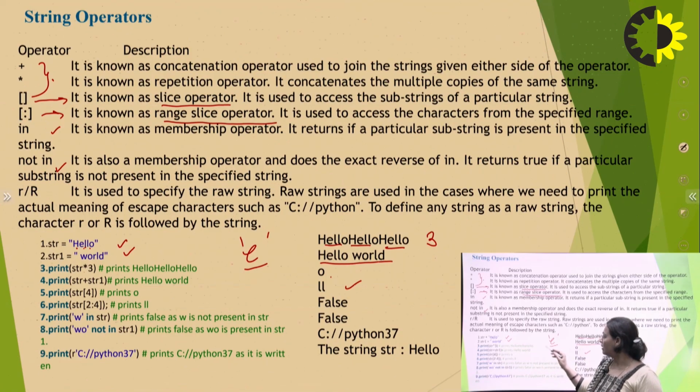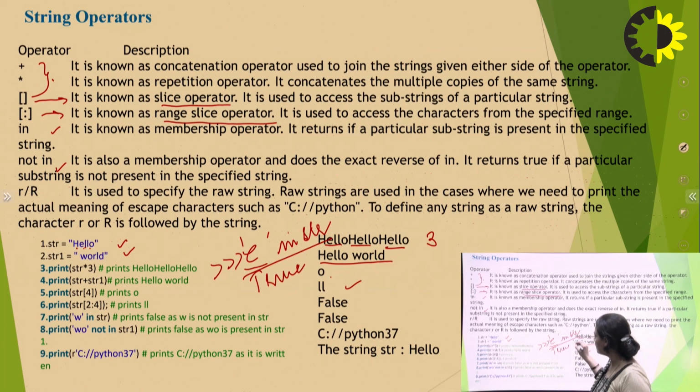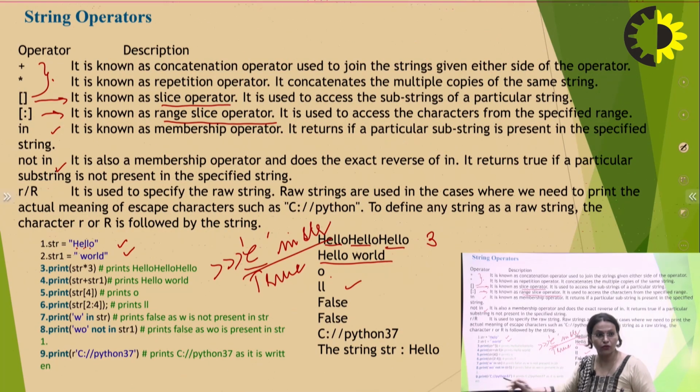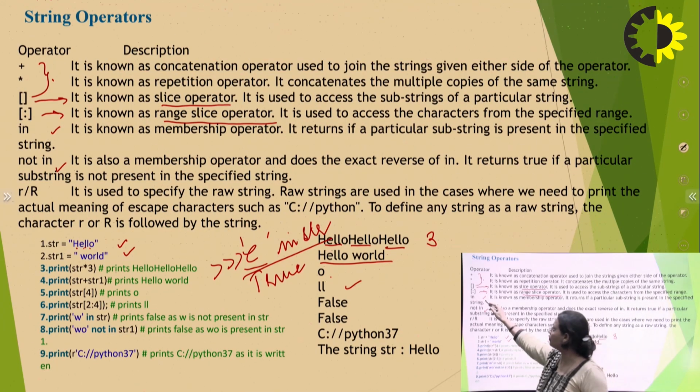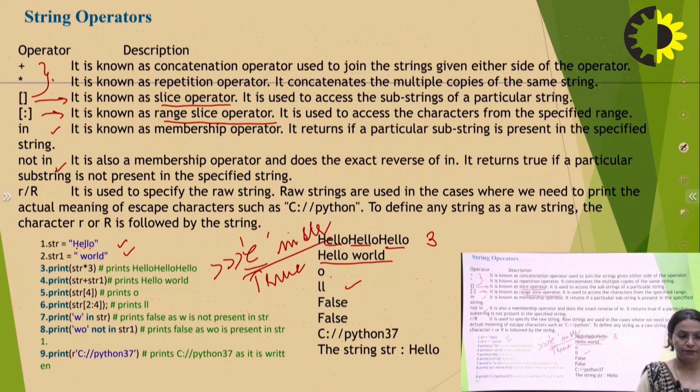Simple. Then I can say yes, e is a substring of this string. That means e in string. To this question, I must say true, yes, e is present in this string. These two operators represent the membership of the substring in the main string.